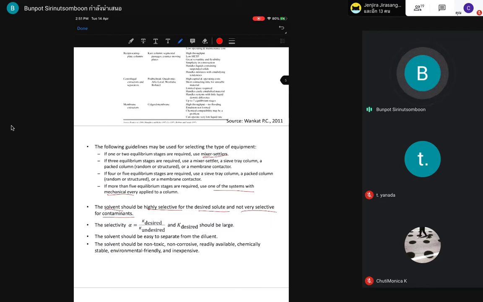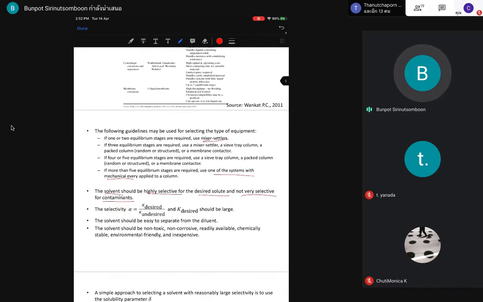But in real applications, you're going to have a bunch of chemicals, maybe tens or hundreds in your feed, and the feed may contain some contaminants, some undesired compounds. If possible, we want our solvent to be very selective, only dissolving and extracting the solute that we want, and not other contaminants. We want it to be as highly selective as possible.